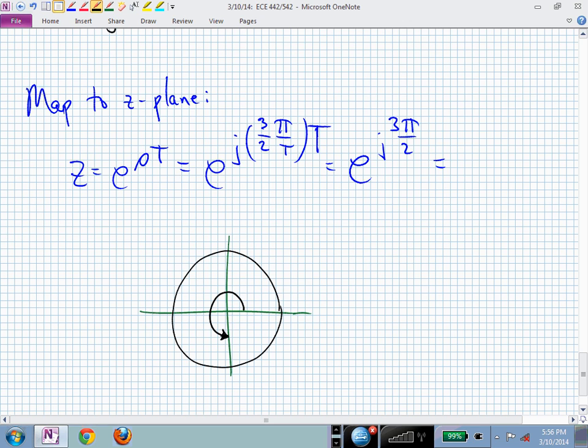We've gone to pi over 2, then to pi, and then to 3 pi over 2. We're down here at this particular location right there. But we could have just as easily written that as e to the minus j pi over 2.